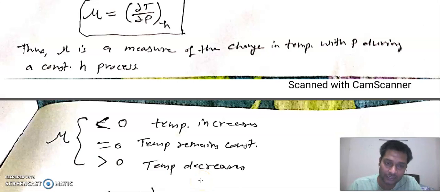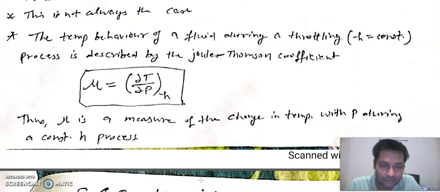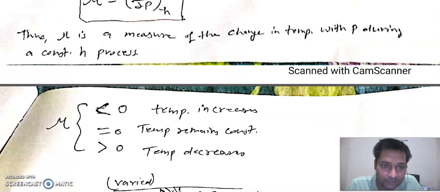So the refrigerator or air conditioner will work only if the Joule-Thomson coefficient value is greater than 0. Otherwise, if its value is equal to 0 or less than 0, then the refrigerator or the air conditioner will not work, and we will not get temperature reduction through this device.